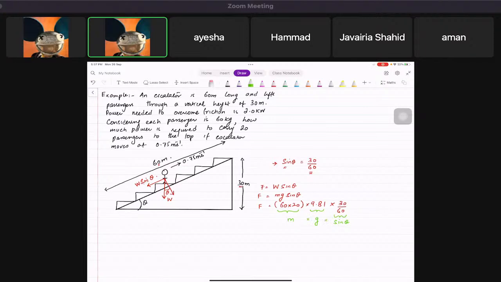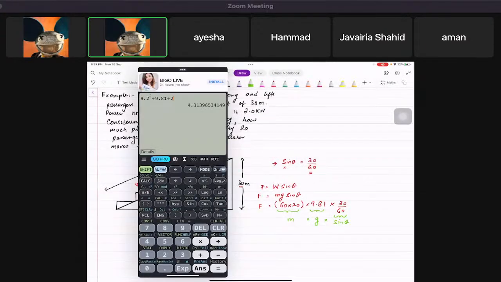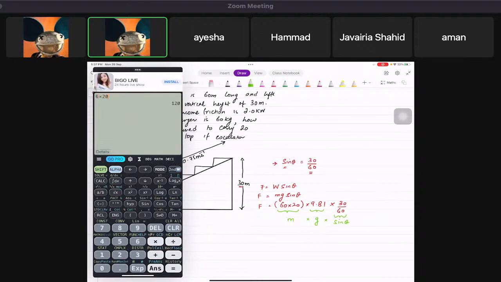Okay. So now with your calculator, you can just simply find this: 60 times 20 times 9.81 times 30 over 60.